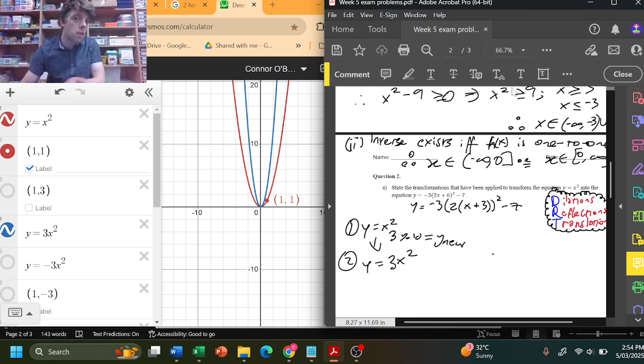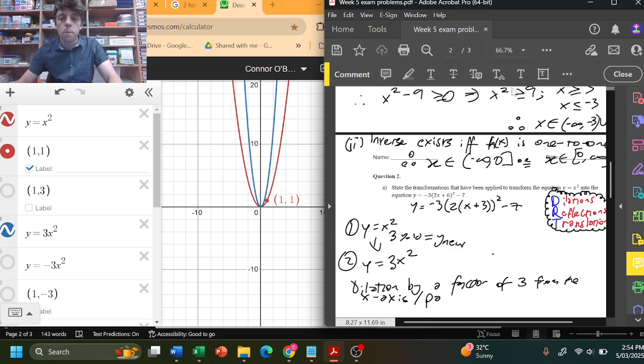So that means that the new y value is equal to 3 times the old y value. This is what is called a dilation by a factor of 3 from the x-axis or parallel to the y-axis. These are the two ways you can think about it.